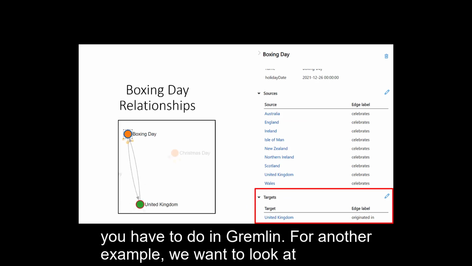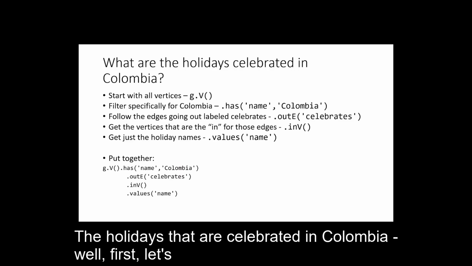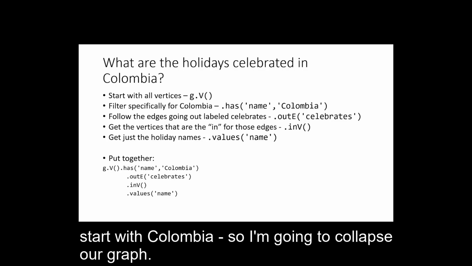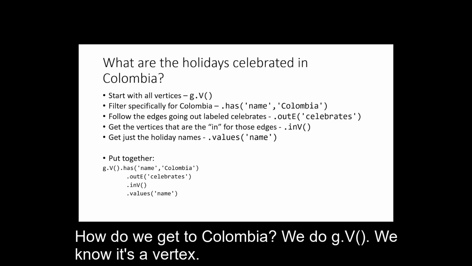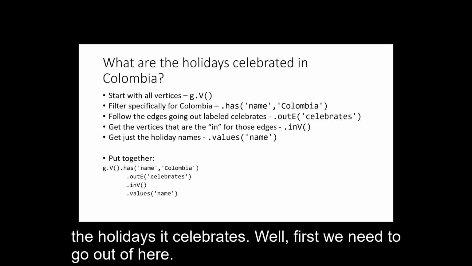All right, for another example, we want to take a look at the holidays that are celebrated in Colombia. Well, first let's start with Colombia. So I'm going to collapse our graph. How do we get to Colombia? We do g.V. We know it's a vertex. Dot has the name property with the value of Colombia. We want the holidays that it celebrates.